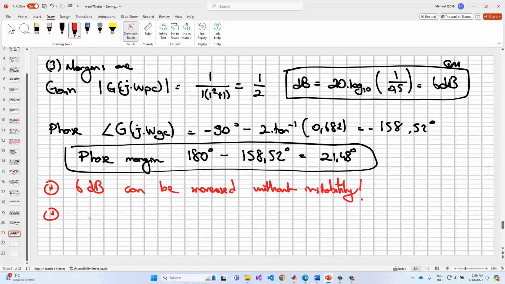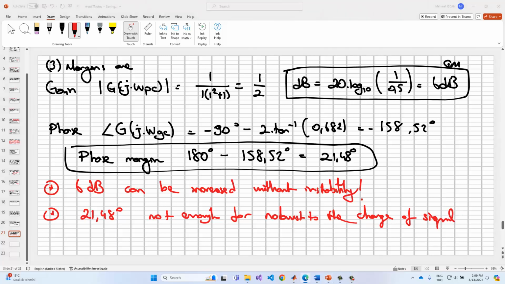And what's the meaning of the 21.48 degrees here? This is still not enough for a robust solution. This must be higher, closer to 180 degrees. This is not a robust system. This is the result of these things.